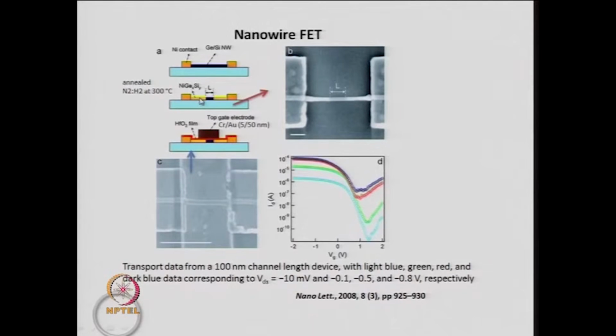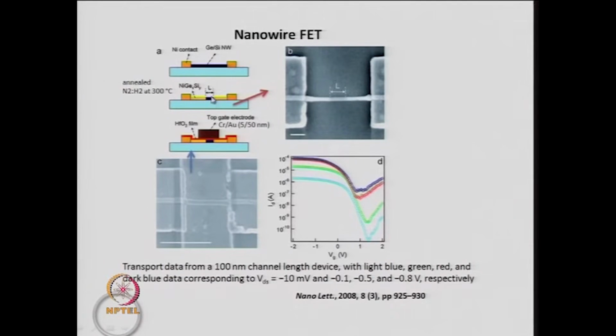So, you will have some region where you will have nickel germanium silicon. Nickel will diffuse from the left side, as well as from the right side, and if you control the diffusion, then in between you can retain a space where there is no diffusion, only the diffusion is here and on this side.